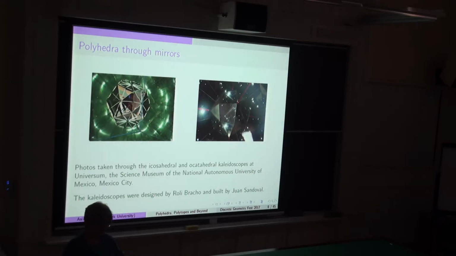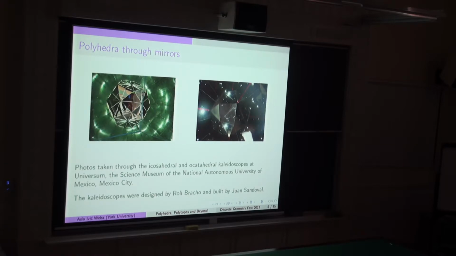And then, I couldn't find any for a very long time, but some of my favorite forms of art that involve polyhedra are the mirrors, the kaleidoscopes, which can be two of them. They're kind of human-size kaleidoscopes. They can be found in the Museum of Science at UNAM, the National University of Mexico in Mexico City.